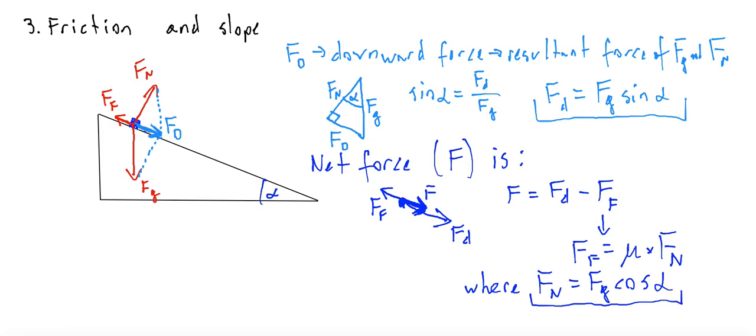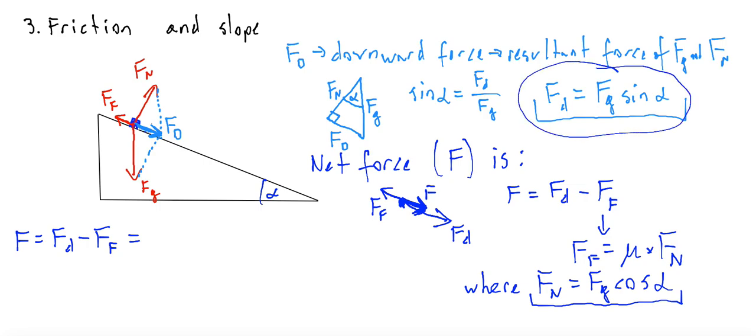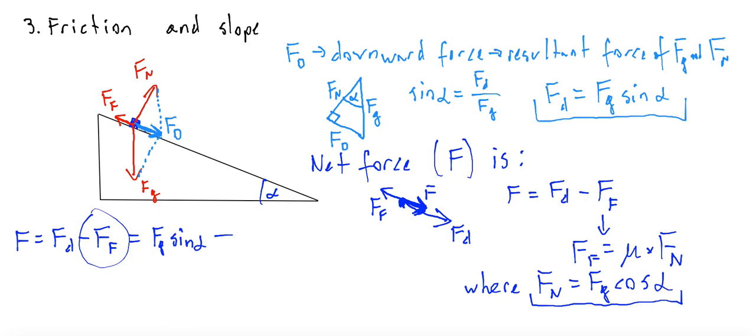You can copy this slide, we almost finished. So finally, if you want to calculate F, you have to subtract Fd minus Ff, where Fd is Fg sine alpha, and Ff is mu times Fg times cosine alpha.